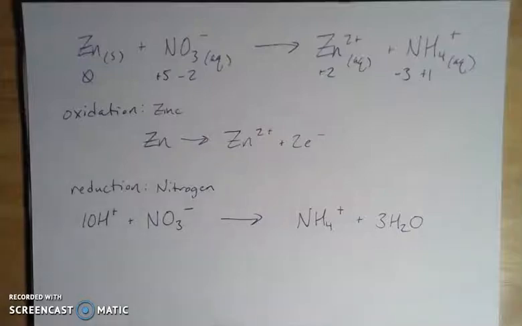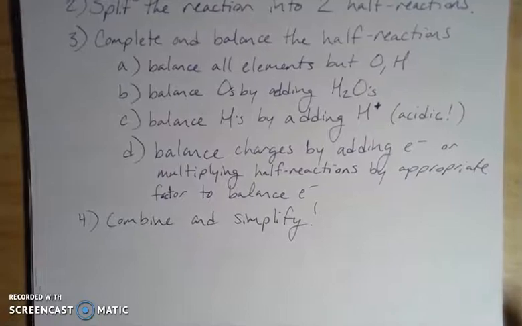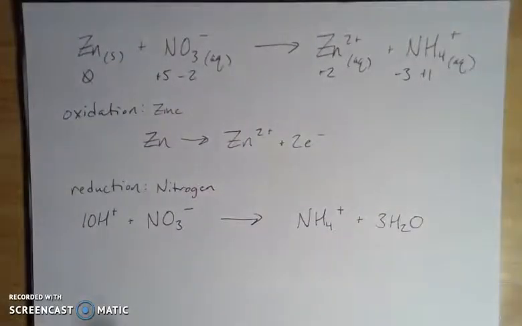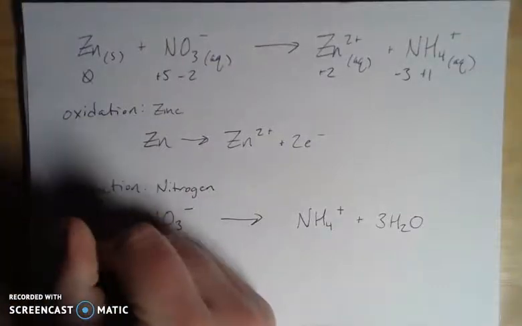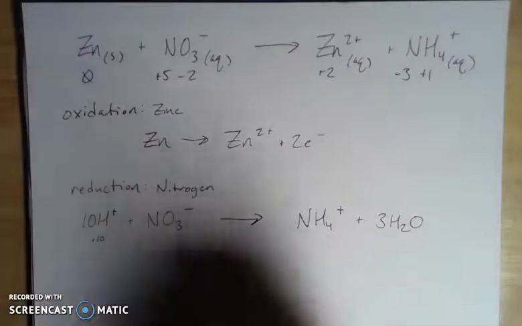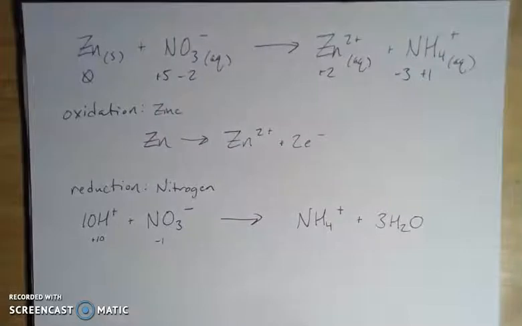Okay, so now I have the same number and type of element on each side. Now I need to balance out the charges by adding electrons. So what is my net charge here? Well, I have 10 plus 1s, so here's a +10. And I have a -1 because of my nitrate. So my net charge on this side is overall a net +9.